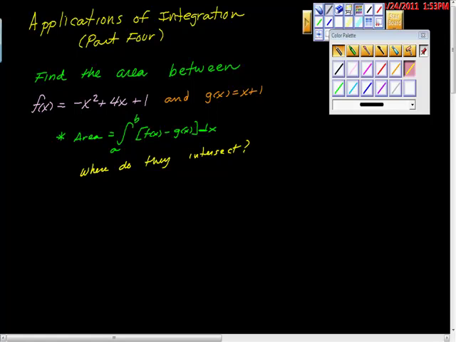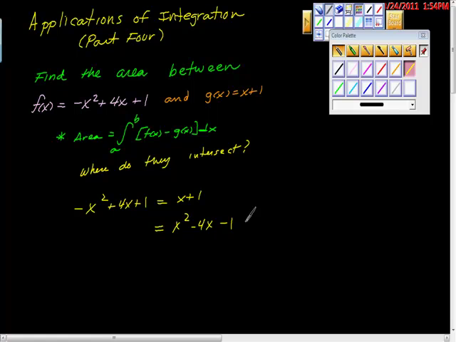Where do they intersect? It's really pretty simple. It really is just algebra 1. We're just going to set them equal to one another: negative x squared plus 4x plus 1 is equal to x plus 1. To keep the coefficient positive, I'm going to move everything that way. It can be done either way, but it's the way I like to do it. So it ends up looking like this: 0 equals x squared, the opposite of 4x is negative 4x, and minus 1.